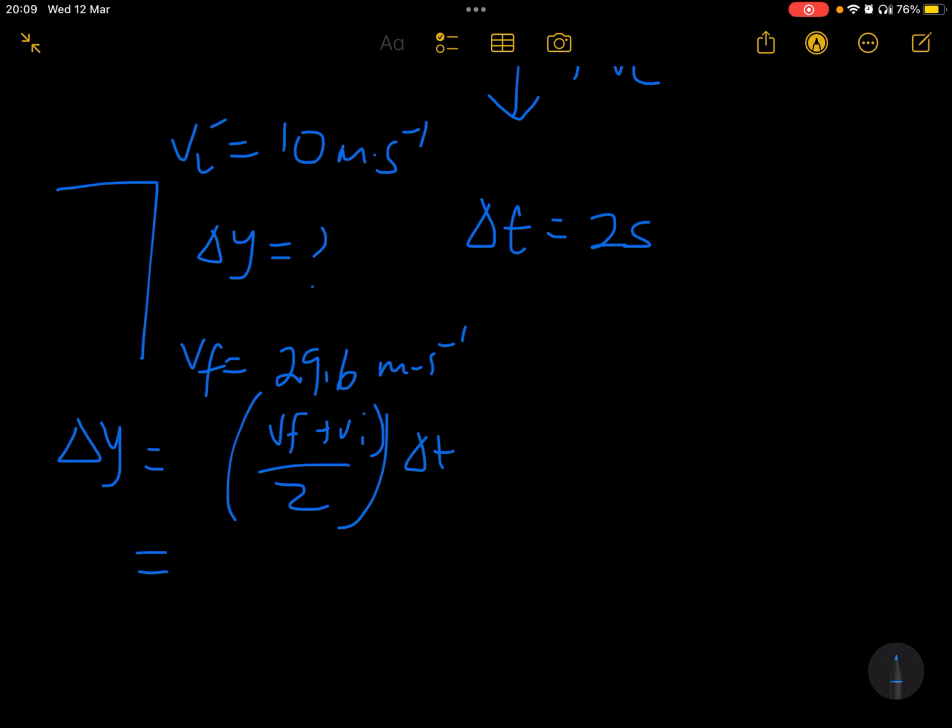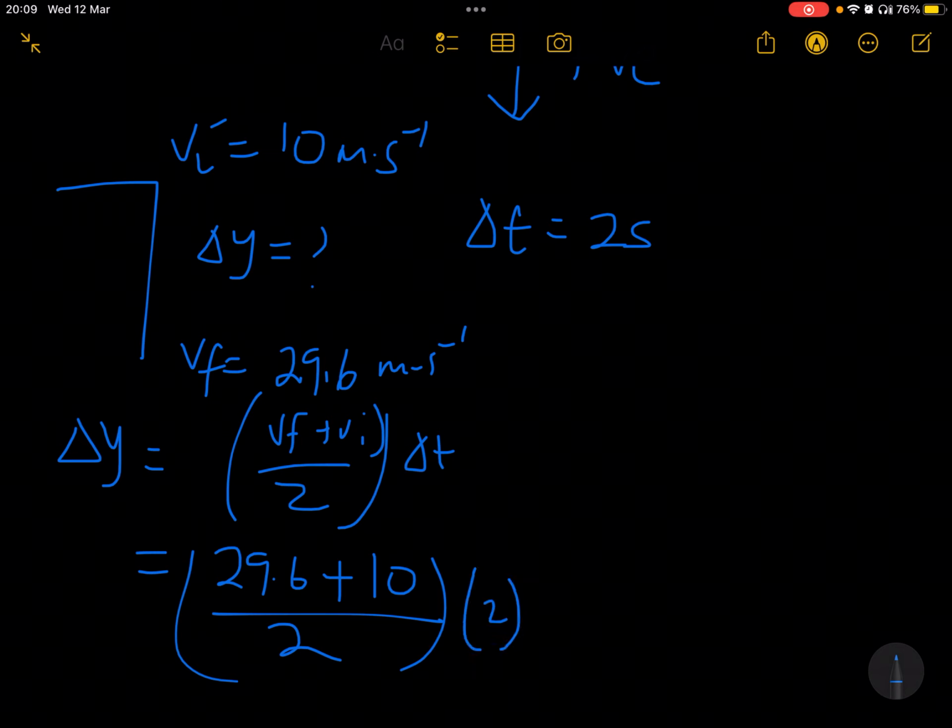And we have 29.6 plus 10 over 2, multiplied by 2. Then we get 39.6 meters.